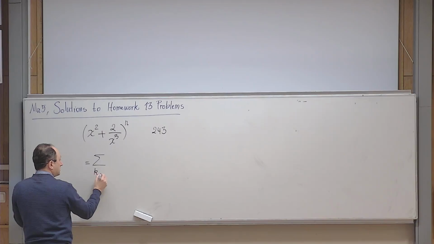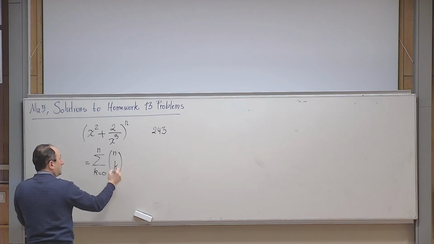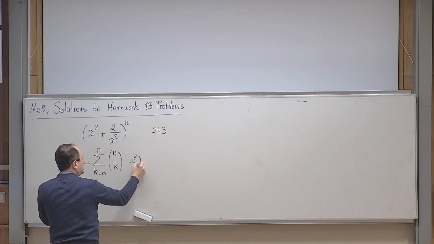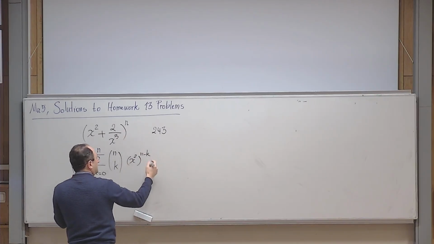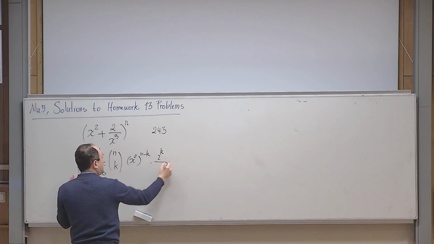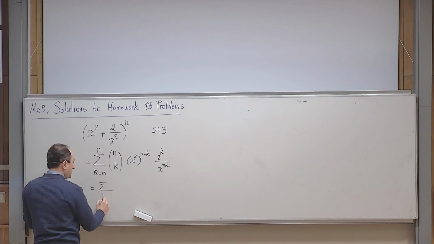The sum for k from 0 to n of n choose k, times the first one to power n minus k, and the second one to power k. But the second one to power k is what? 2 to power k divided by x cubed to power k. Let me simplify it, this will be useful.